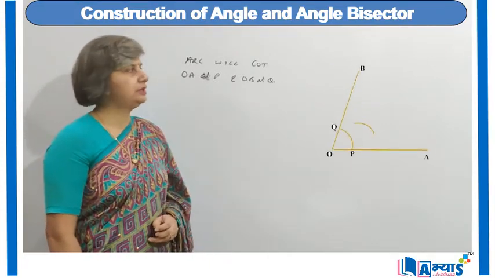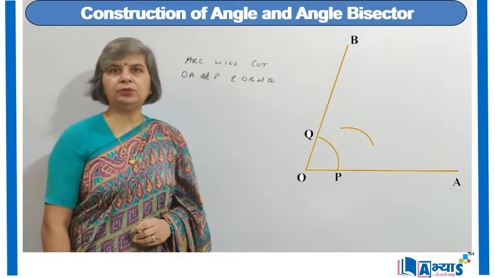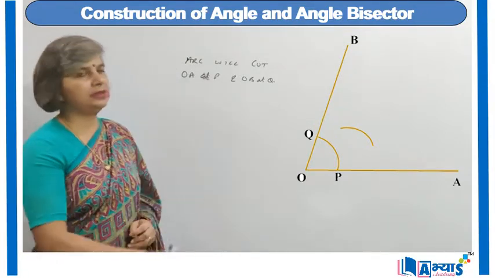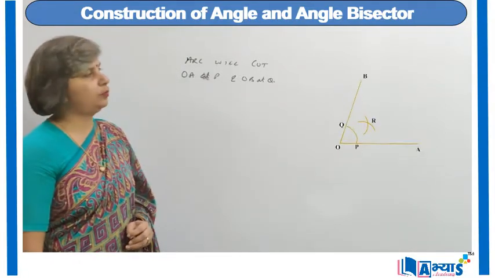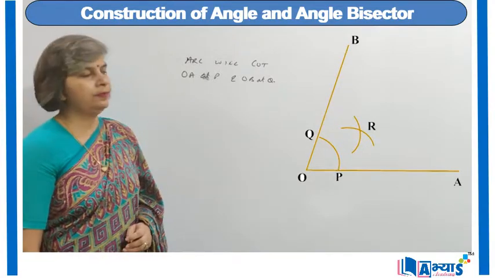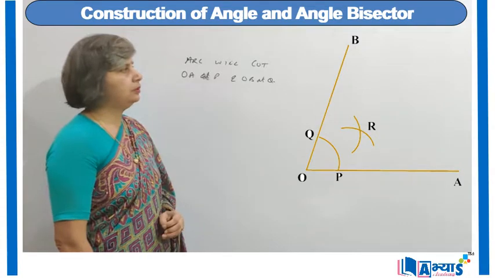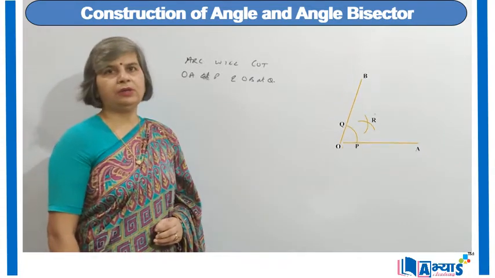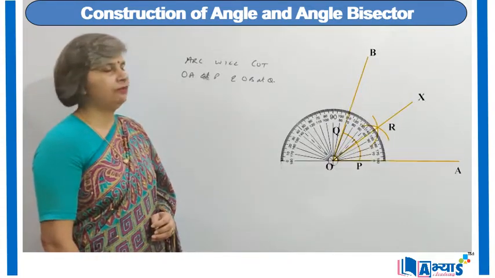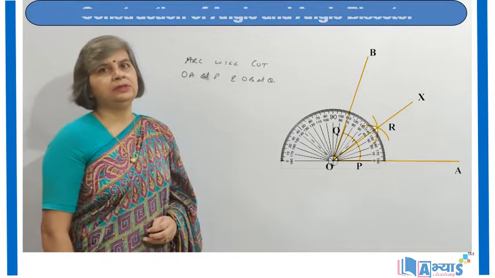Then again with the same radius and the pointer at Q, I have intersected the arc, and the point of intersection is R. Then I have joined OR and extended it to C. So angle COA or angle AOC is half of angle AOB, that is 36 degrees.